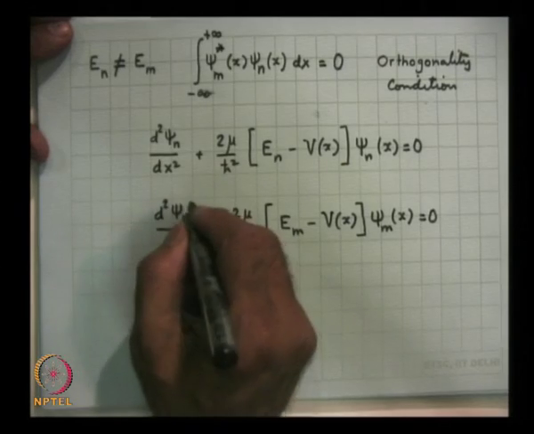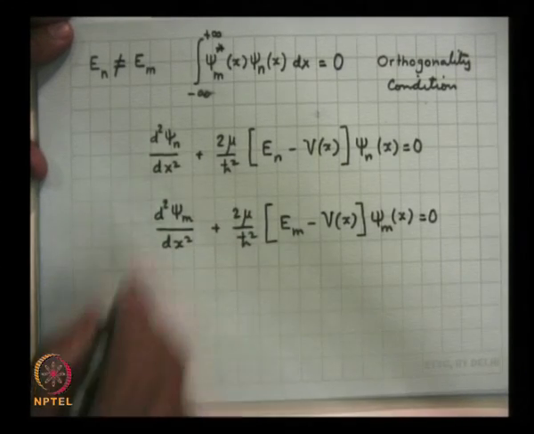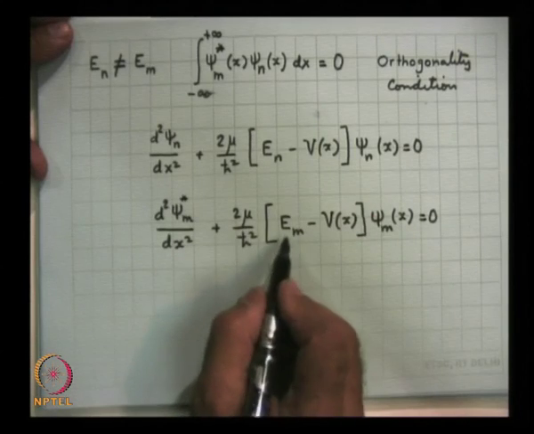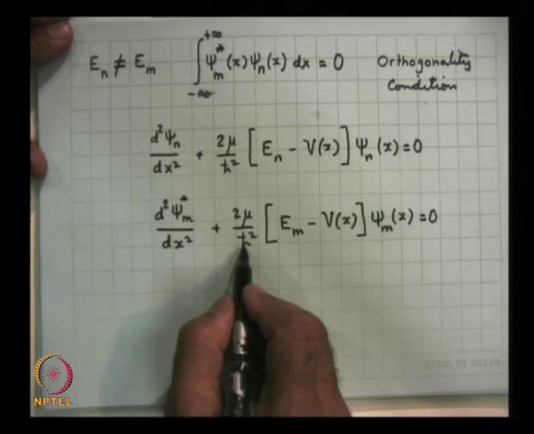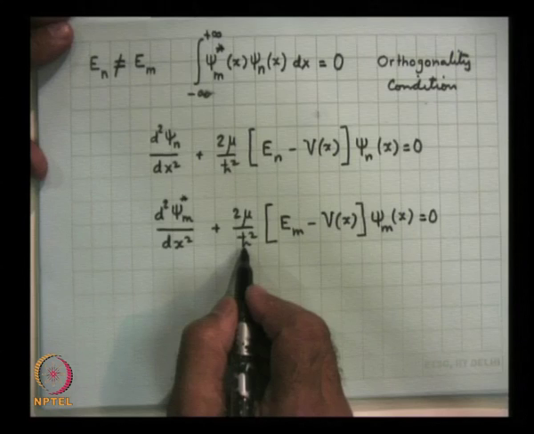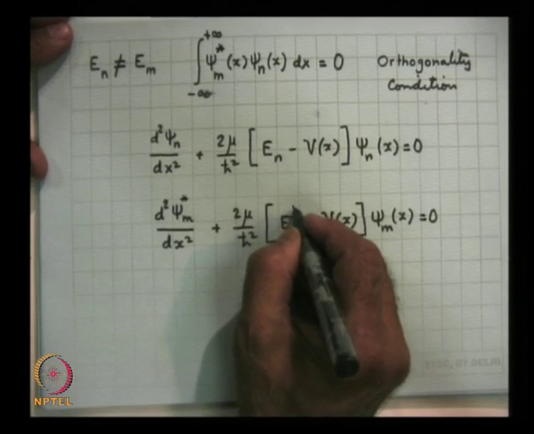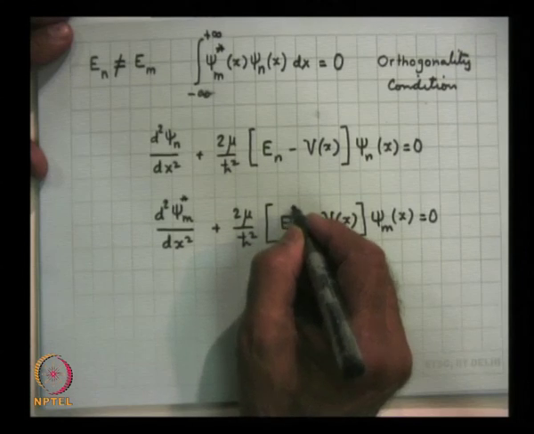What we do is, we take the complex conjugate of the second equation. Of course, mu and h cross are real numbers. E m we have proved just now to be real, so E m star is equal to E m.